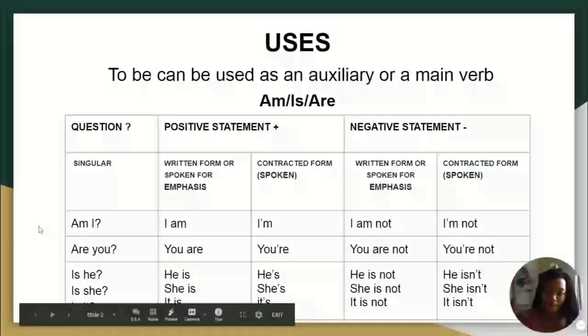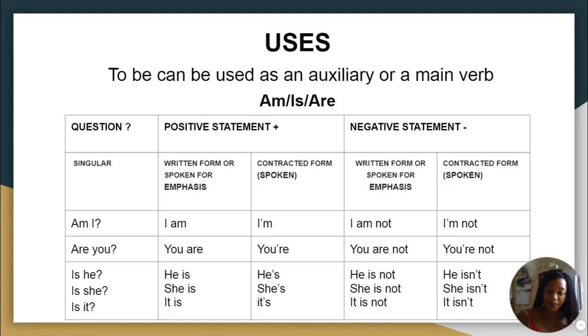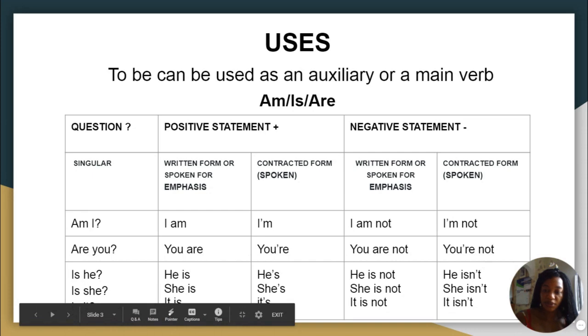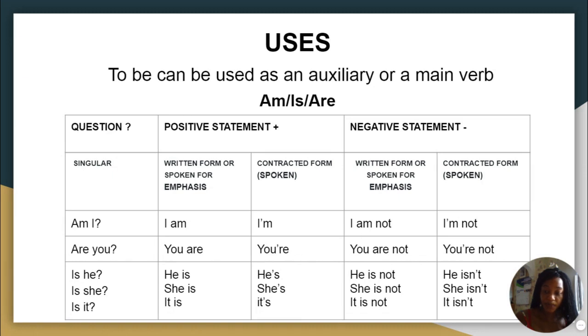He is. Is he? Is she? He is. She is. It is.